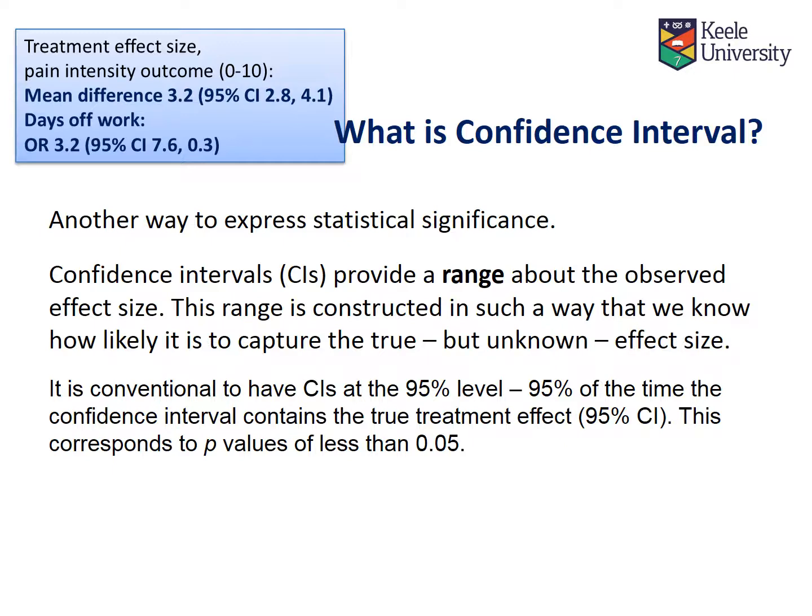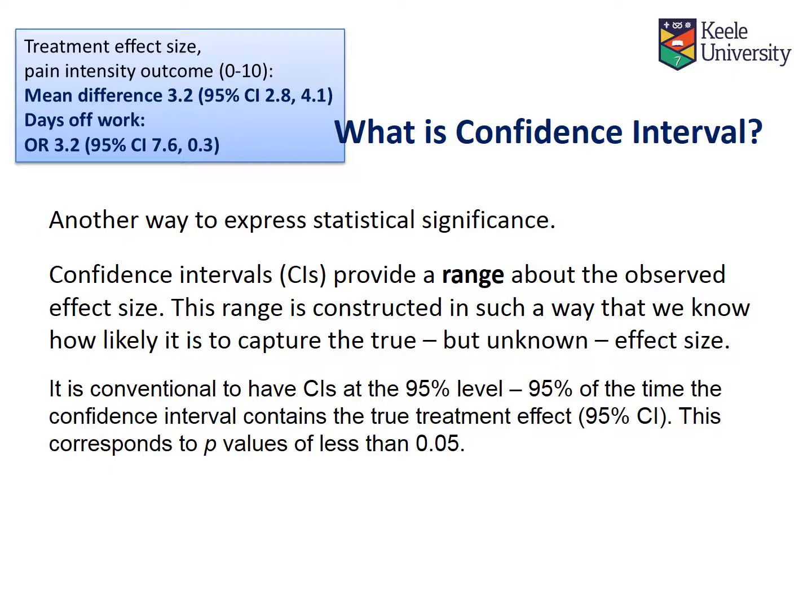If we repeat that in the world again and again, any trial or number of trials that look at the same treatment we looked at here will find results in the range between a minimum of 2.8 and a maximum of 4.1.